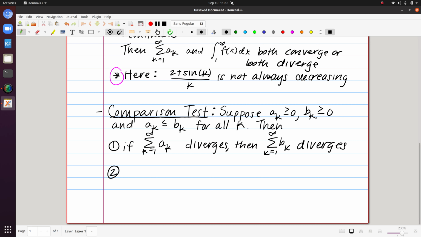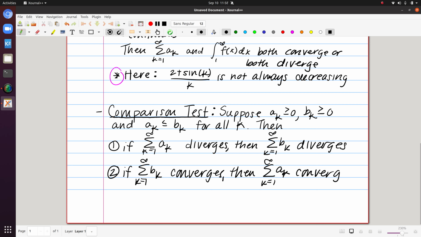On the other hand, if the sum of the b sub k's, the larger terms, converges, then the sum of the smaller terms converges as well. So these are going to be the two useful conclusions we could make here.